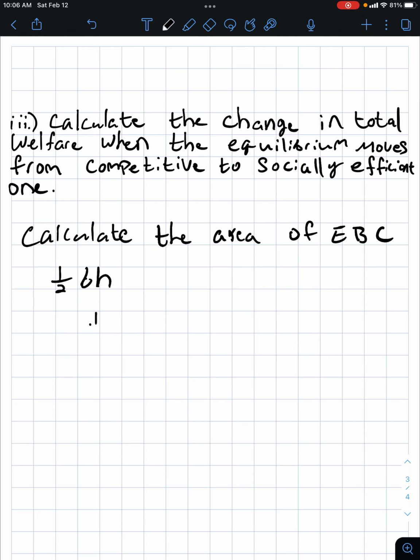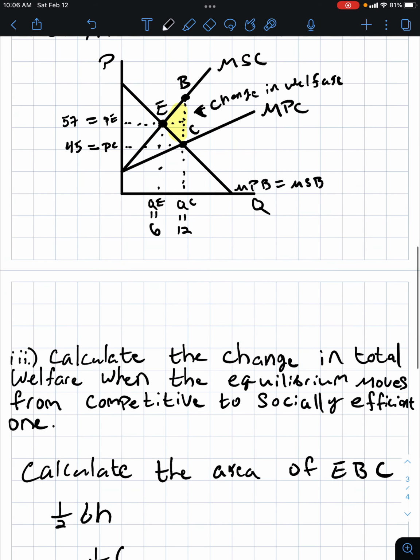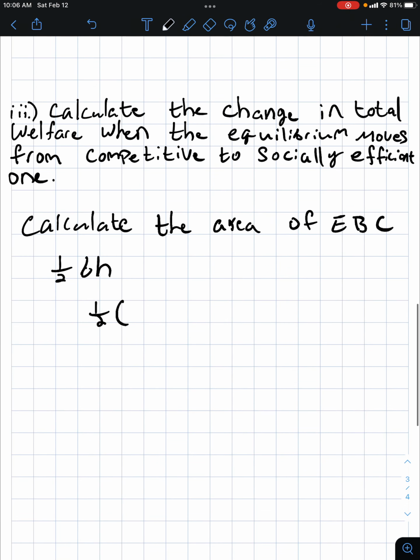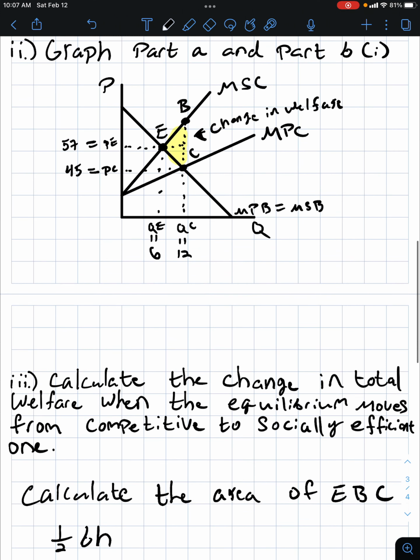So we know it's going to be 1/2. The base of it is just 12 minus 6, so that gives us 6.